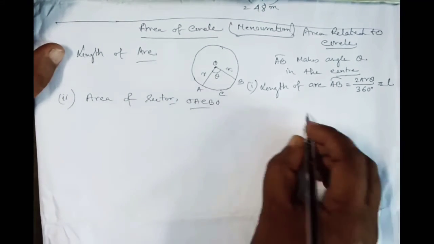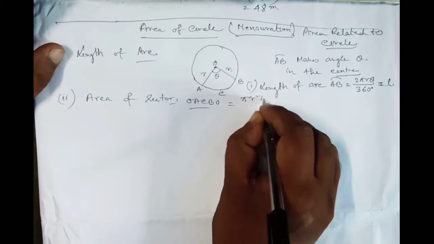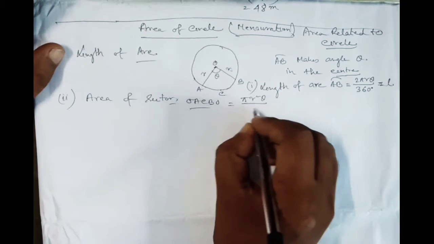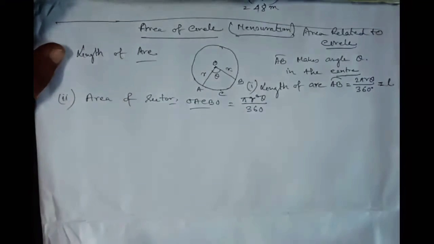The area of this sector OACBO equals pi r square theta by 360.